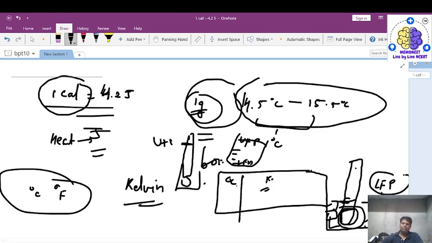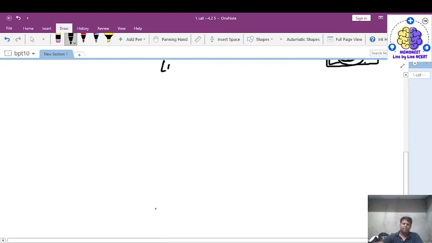If it is being calibrated in degrees centigrade, the lower fixed point will be taken as 0 degrees, and the upper fixed point will be taken as 100 degrees.